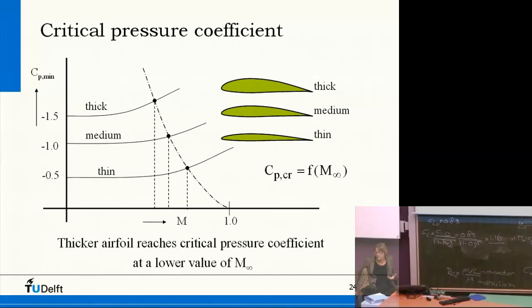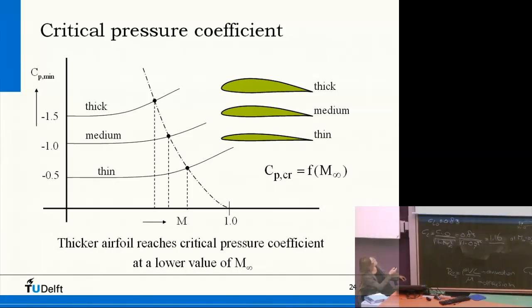What will happen to the pressure coefficient? What is the pressure coefficient at that point? The minimum pressure coefficient you will reach is at the maximum point where you have Mach 1. The critical pressure coefficient there is really lower, because P minus P infinity is larger if you have a higher difference.